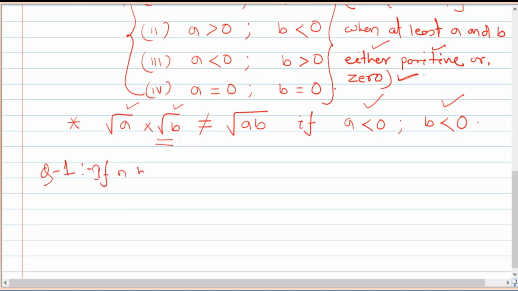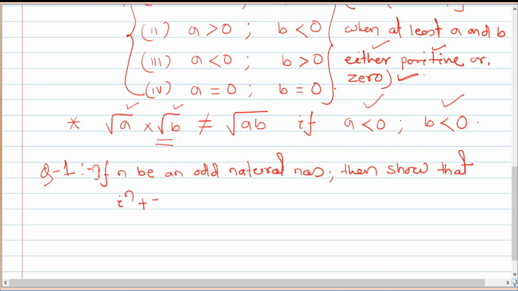If n be an odd natural number, then prove that i to power n plus i to power 2n plus i to power 3n plus i to power 4n is equal to 0.